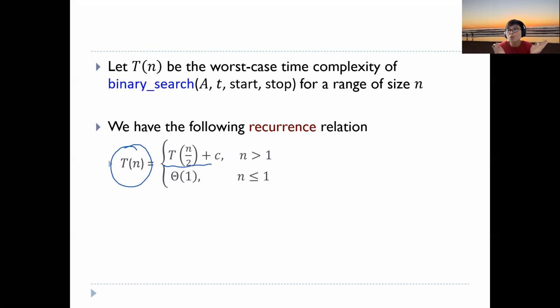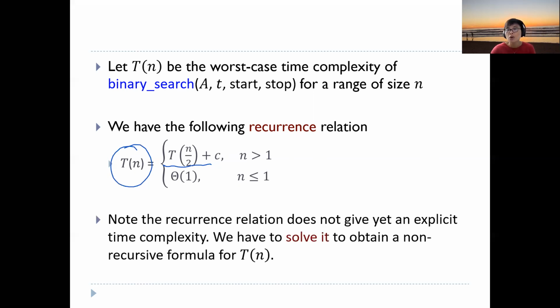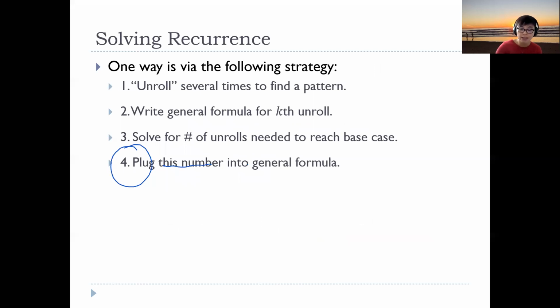We don't have a formula for T of n. We only know T of n satisfies this recurrence relation. So what this means is that we now have to solve this recurrence relation in order to obtain a non-recursive explicit formula for T of n. And that's what we do next.